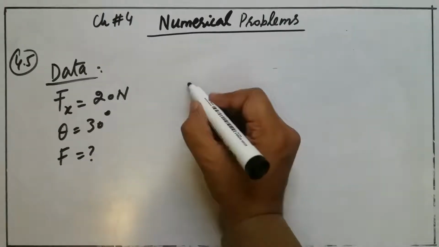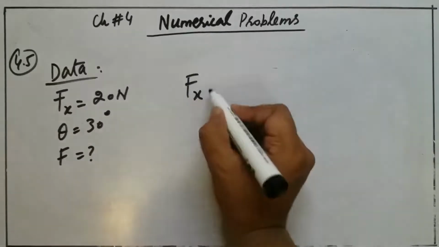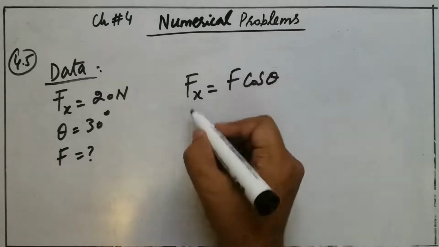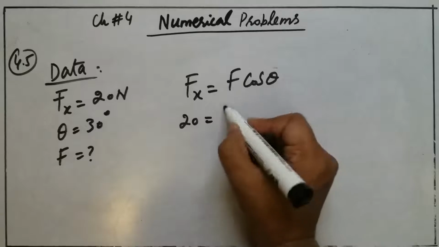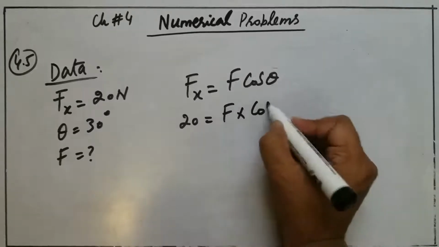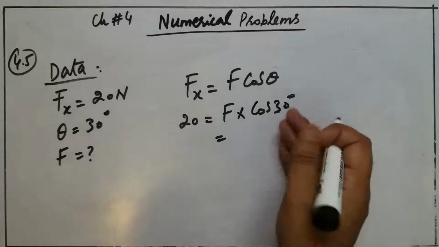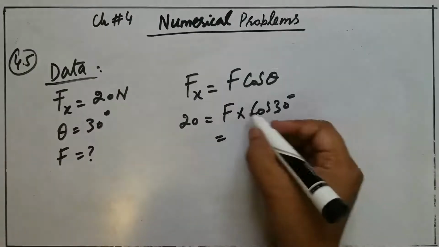So we are going to use the formula of the horizontal component, that is Fx equals F cos theta. Here the value is 20 and the force we have to find out, and cos theta means cos 30. Put the value of cos 30, which is 0.866, and then move it to the other side, and we will get the force.